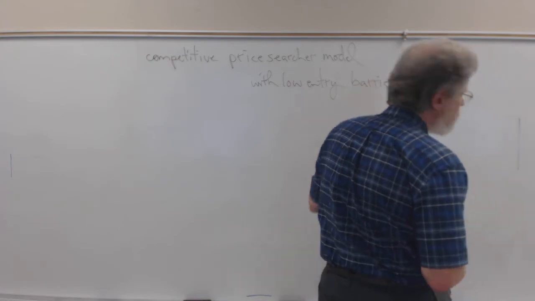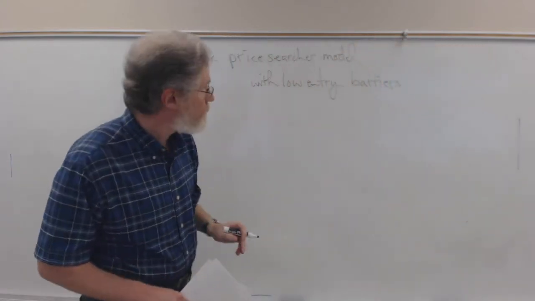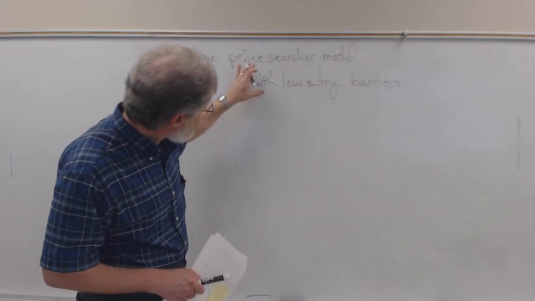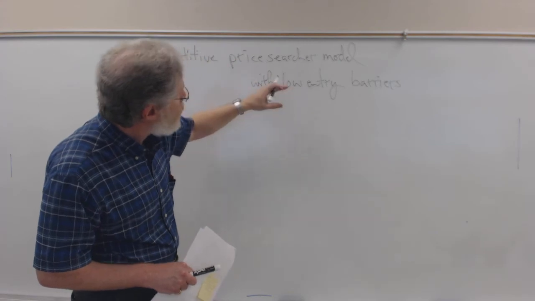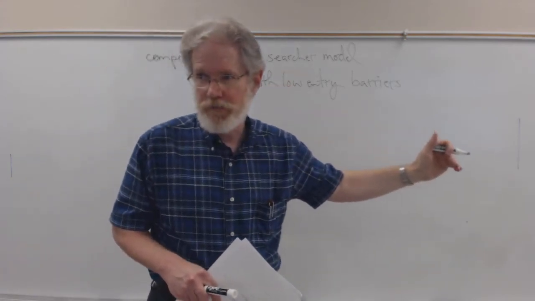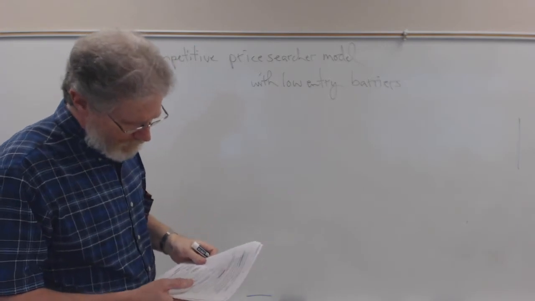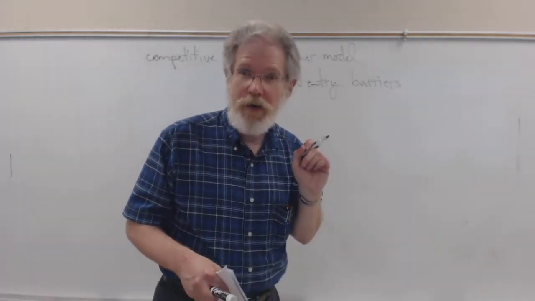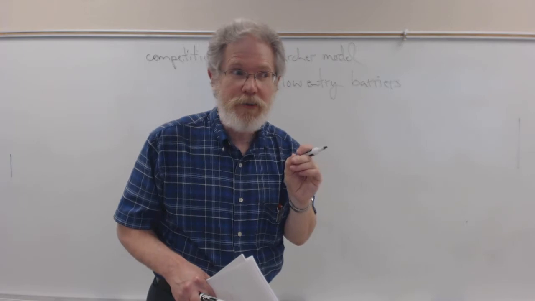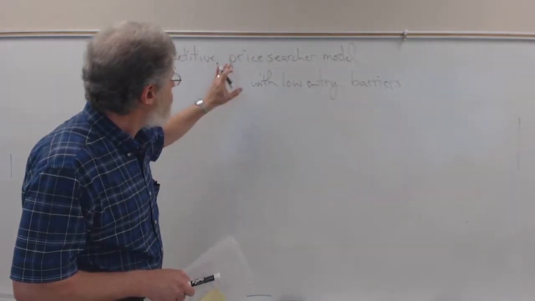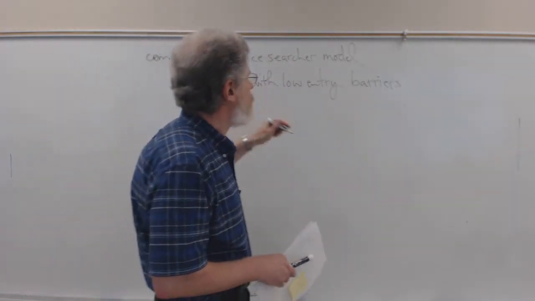Chapter 24, on Wednesday, we'll talk about where you have price searcher markets with high entry barriers. Okay. So let me first give you the characteristics, the defining characteristics of this type of market.